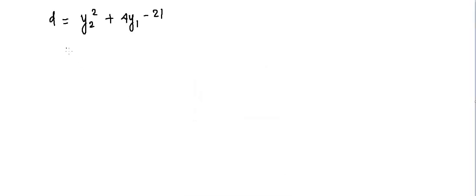So let's write down these equations. I can represent y2 as m2 x plus c2. Linear equation, right? In a similar manner, I can write y1 is equal to m1 x plus c1.